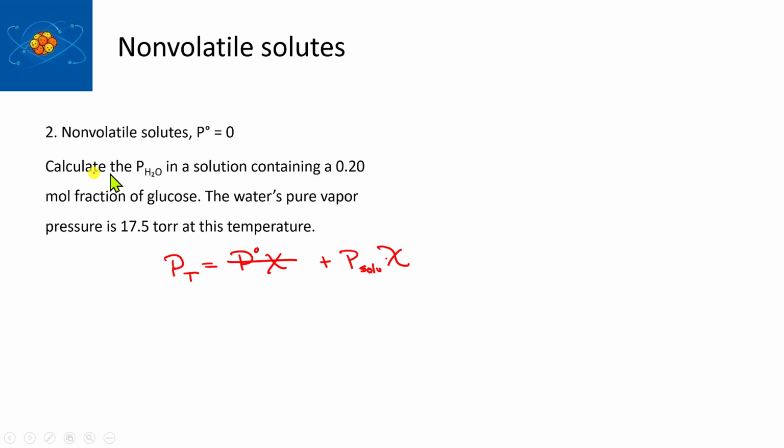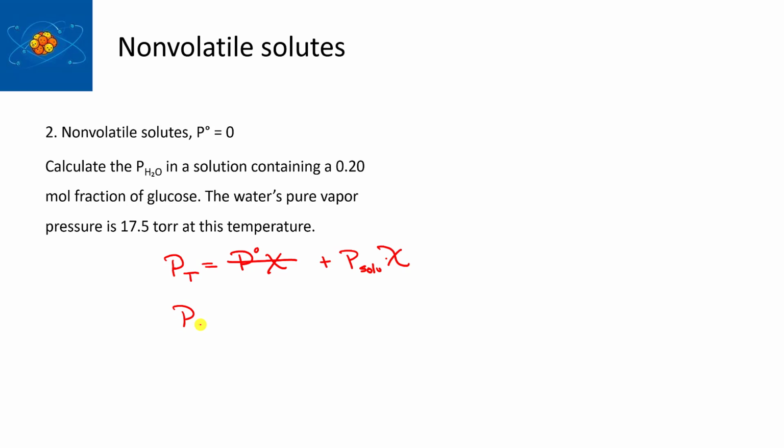So we have a question: calculate the vapor pressure of water in a solution containing 0.2 mole fraction of glucose. The water's vapor pressure is 17.5 torr at this temperature, which was room temperature. So what we do is simply this.